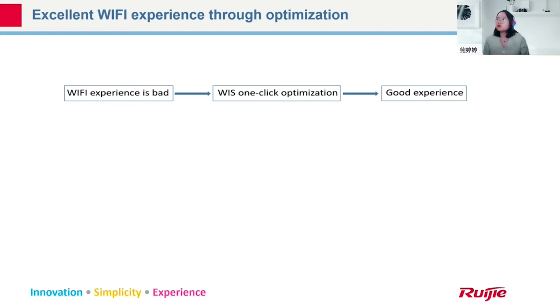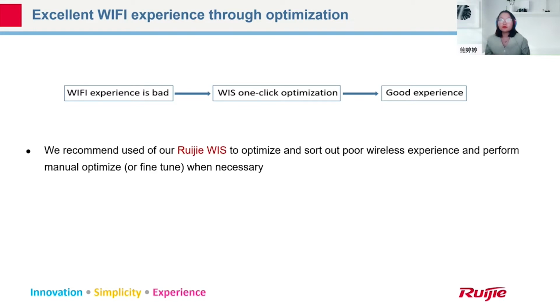And this WIS platform is also a new topic. Maybe in the future we can discuss it, or you can contact your post-sales team to get some information about WIS. And after we do the optimization, whether by WIS or manually, finally we can get a good experience.